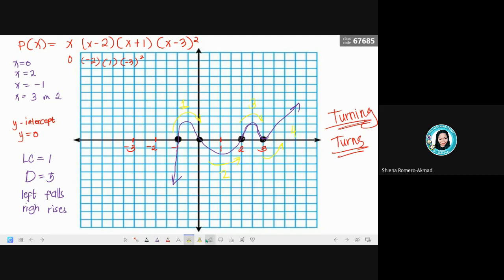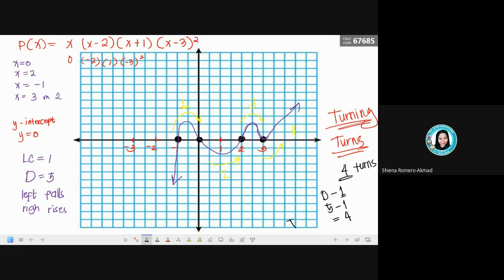Okay, so there are 4 turns. Ay, turns. Dapat turn, di turns. So there are 4 turns. And actually, si number of turns ay nakukuha dun sa degree minus 1. So the degree here is 5. So 5 minus 1. The number of turns is 4.